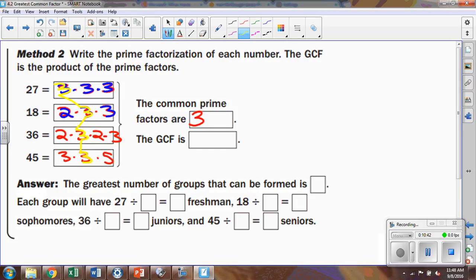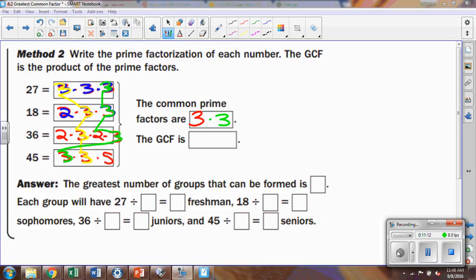Do you see any other numbers that appear on all 4 lists? Yes. We also have, and I'll use these in the greens, 3, 3, 3, and 3. There is another 3 on every single list. So we'll use that one.